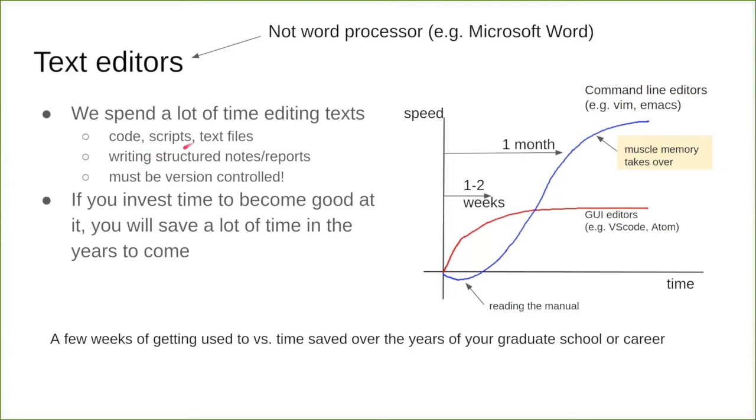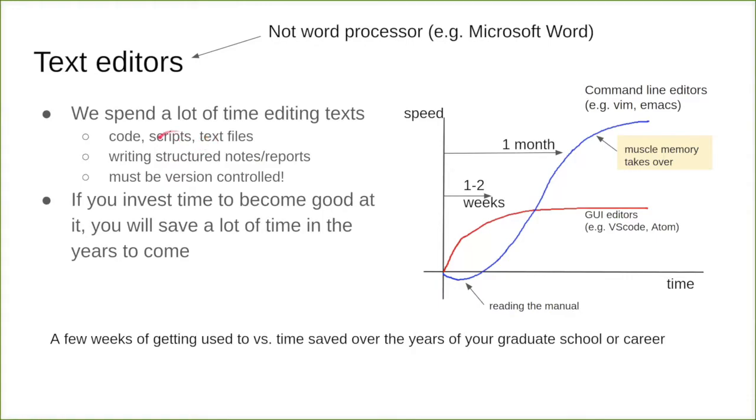And maybe you can write some kind of structured notes or reports. And so all of these are things that we spend a lot of time on, right? When you write code, you probably don't write it in one shot. You probably go back and forth again to modify the code, to modify the script, to modify the text files for your revisions.